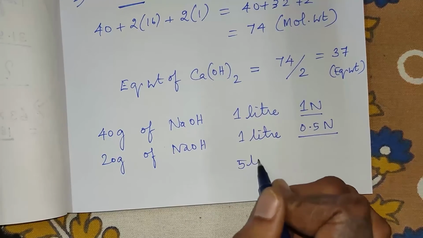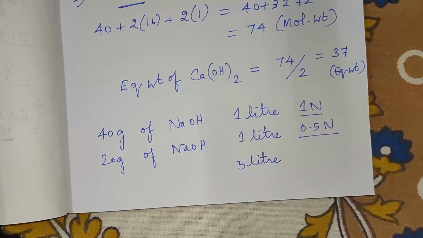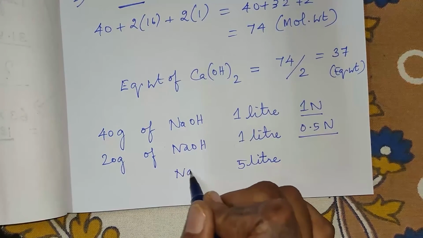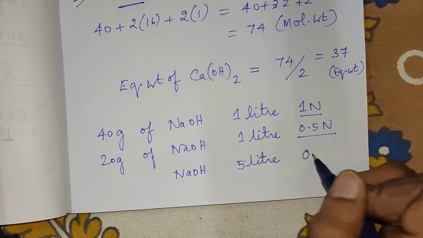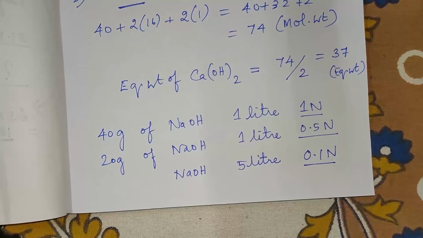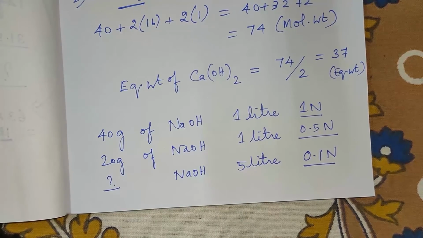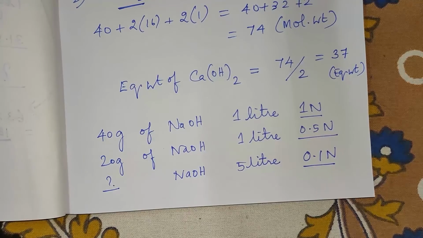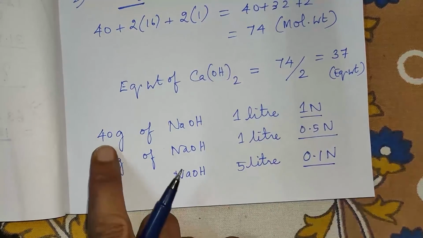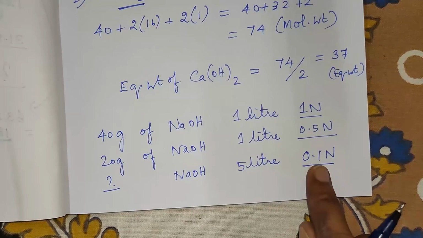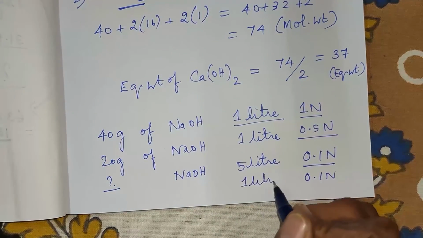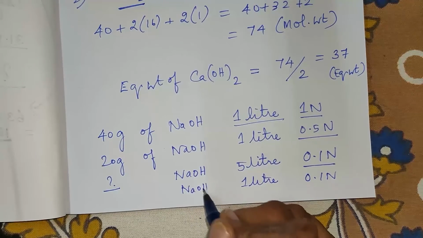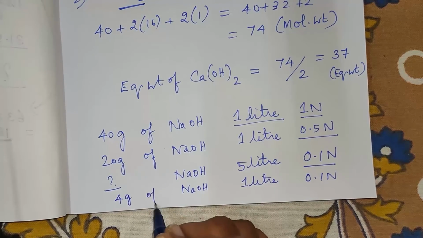Now, I want a 5 liter solution of sodium hydroxide whose normality is 0.1. So how many grams of sodium hydroxide should I take? It's very simple. For 1 normal solution I need 40 grams. For 0.1 normal solution, that is 1 liter solution, I want 4 grams of sodium hydroxide.